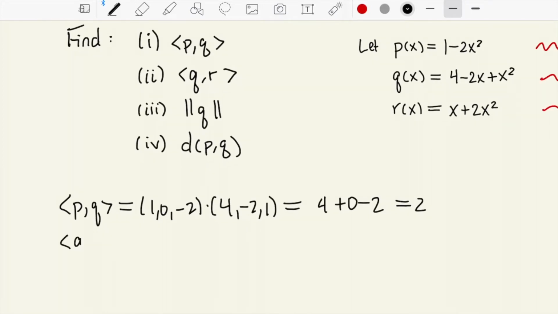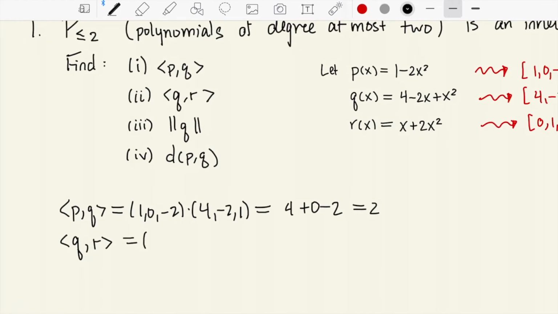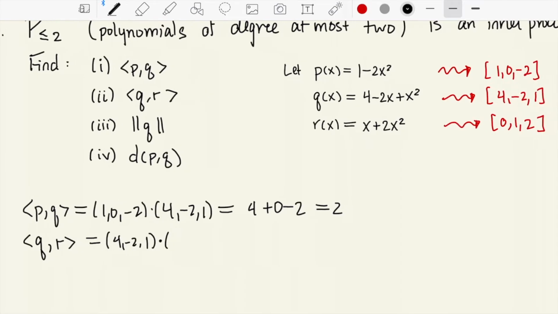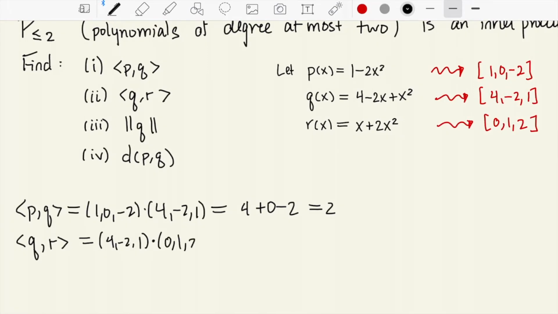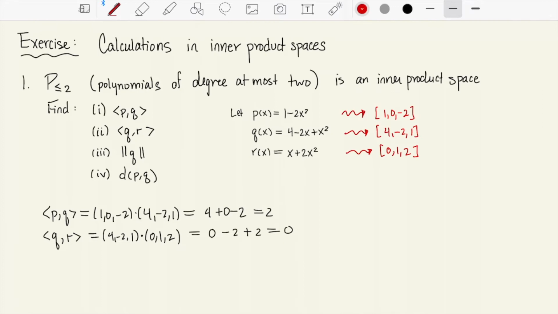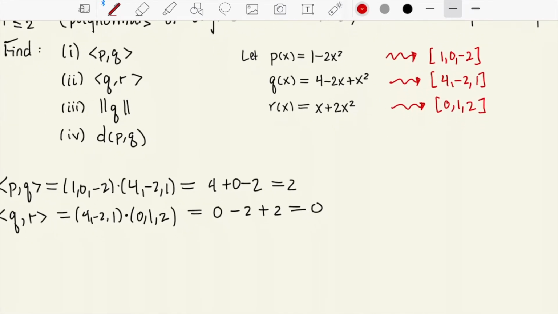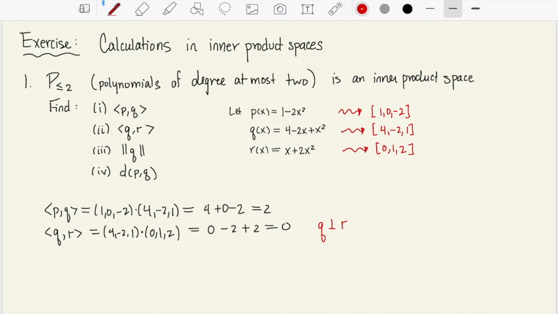The inner product of Q and R works out to be 4, minus 2, 1, dotted with 0, 1, 2. And so this is 0 minus 2 plus 2, which is 0. In particular, this means that the vectors Q and R, which are these two polynomials, are orthogonal to each other because the inner product is 0.